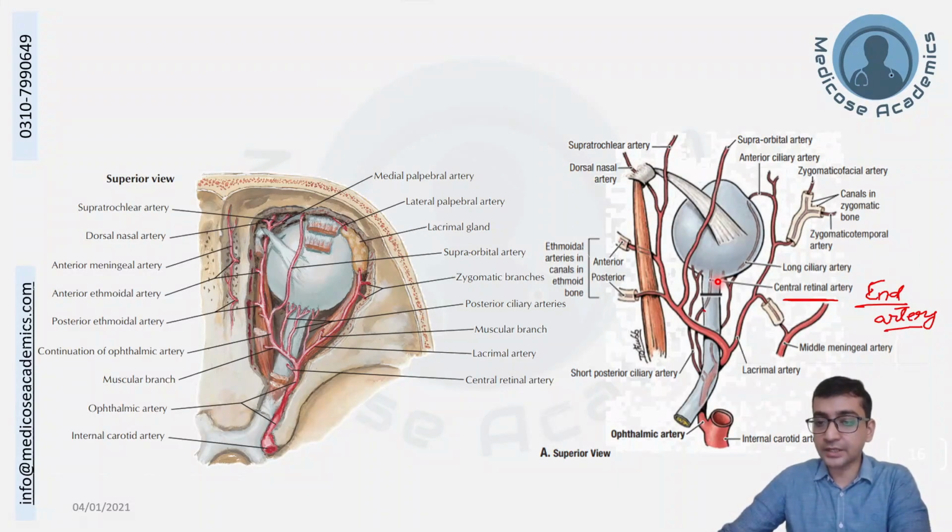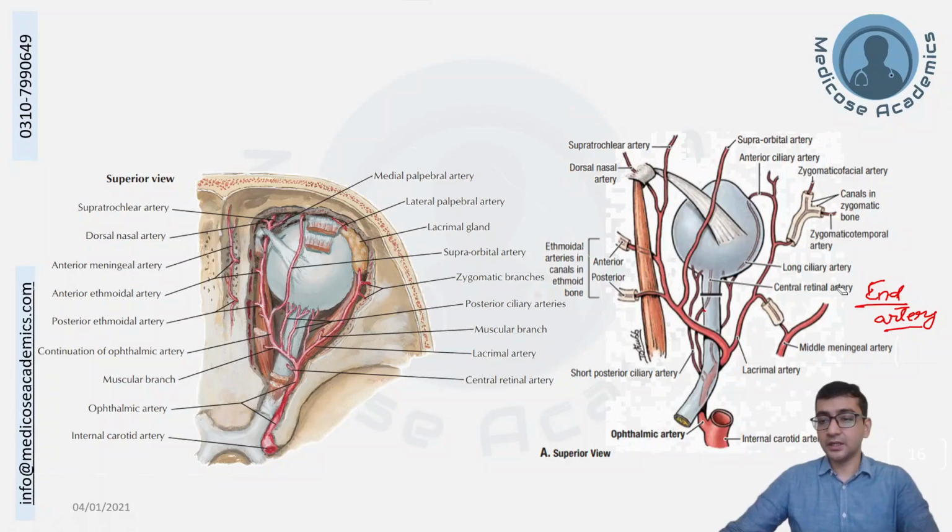And then there are two sets of arteries that enter the eyeball and they have the name ciliary in them. The ones approaching the eyeball from the posterior aspect are known as the short ciliary arteries, the short posterior ciliary arteries, and the ones going all the way across the eye and entering from the anterior aspect will be known as long ciliary artery or anterior ciliary arteries.